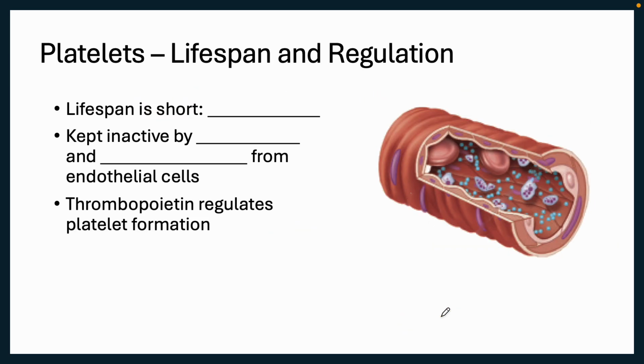The platelet lifespan is relatively short, so if not used in clotting, they last only about 10 days. They are going to be kept inactive by nitric oxide, or NO, and prostacyclin, things that are produced by the endothelial cells that you see here.